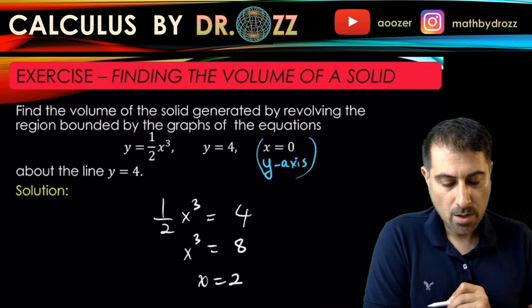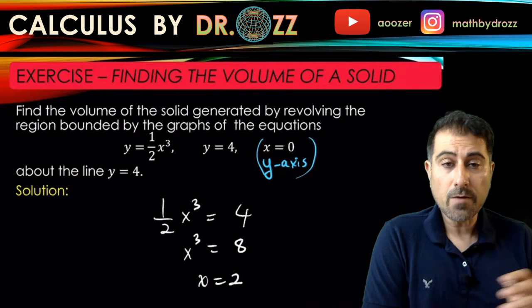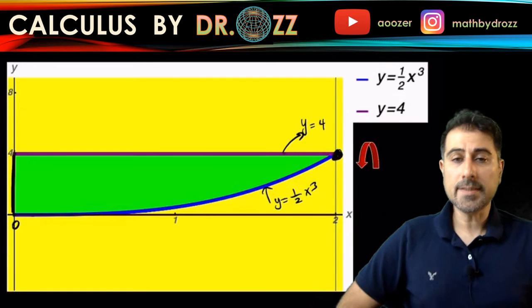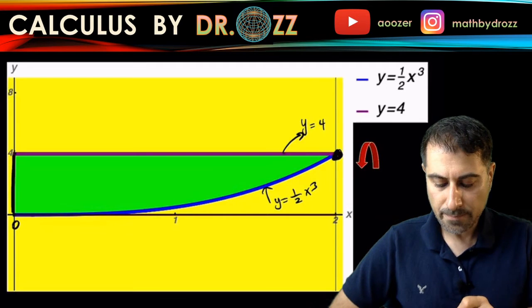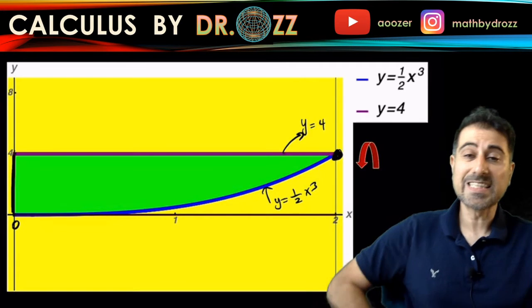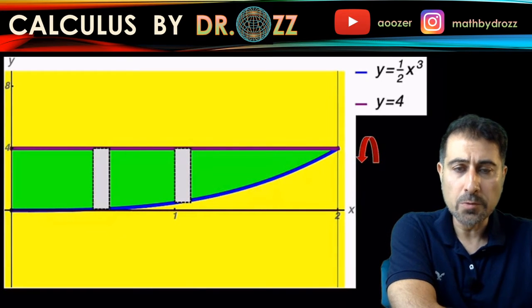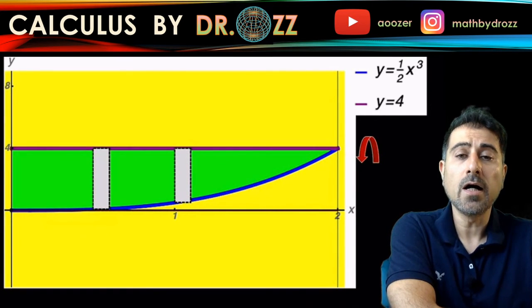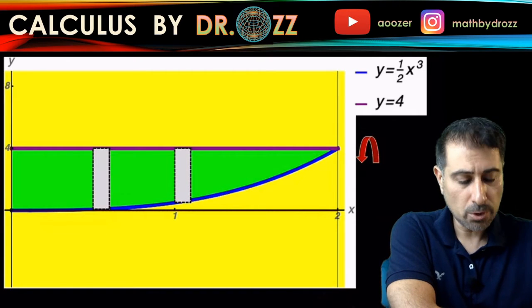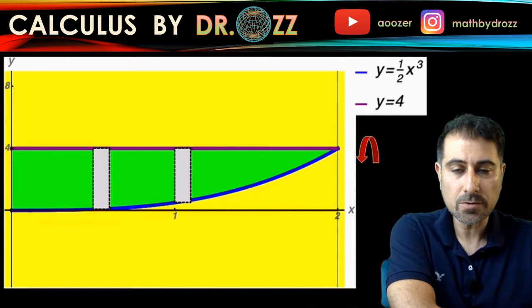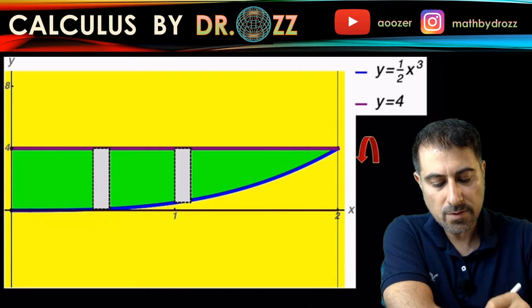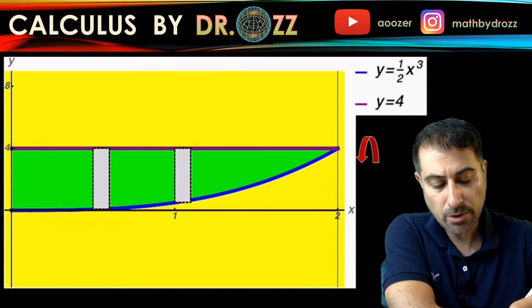All right. We're going to use the disk method, and let me tell you why. First off, we're going to take slices from the region strictly perpendicular to the axis of revolution. Since y equals 4 is the axis of revolution, this is, let's say, one of those slices, and you have another slice here.